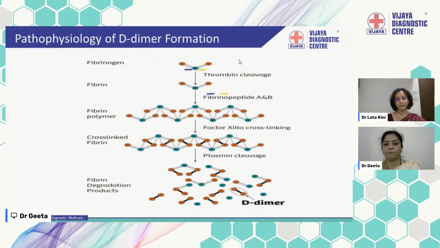So coming to fibrinogen, the fibrinogen is converted into fibrin under the action of thrombin. This fibrin is in the form of monomers initially. These monomers get cross-linked, forming fibrin polymers, under the activity of factor 13A. The cross-linked fibrin molecules, under the influence of plasmin cleavage, are broken down into different sized fragments, mostly consisting of D fragments and E fragments.